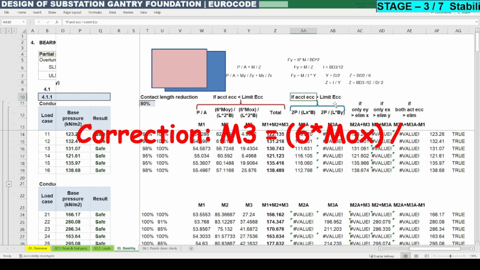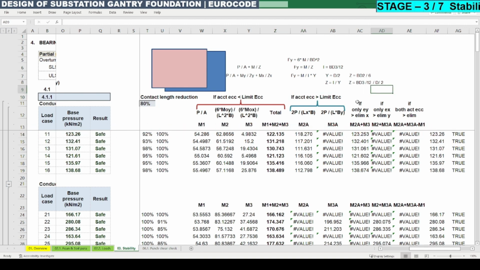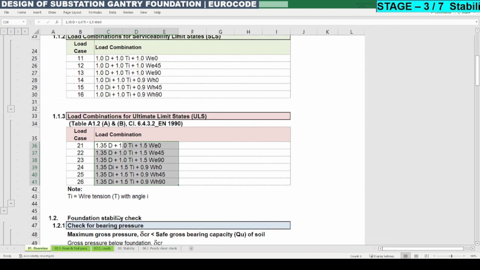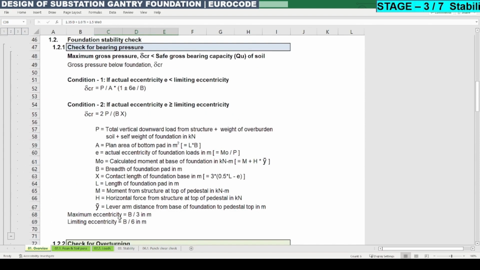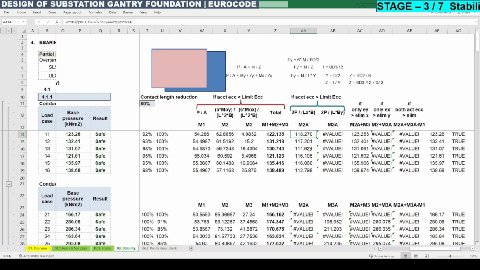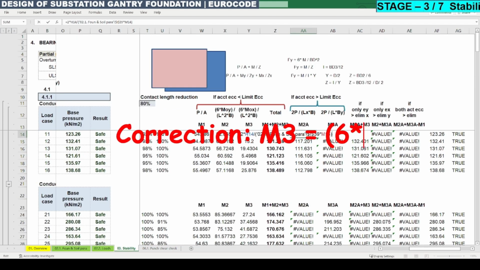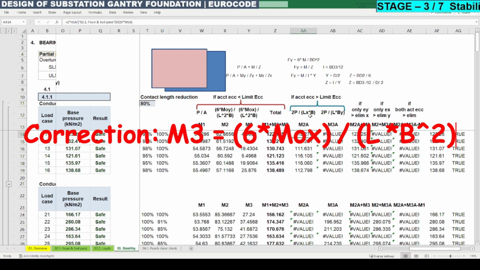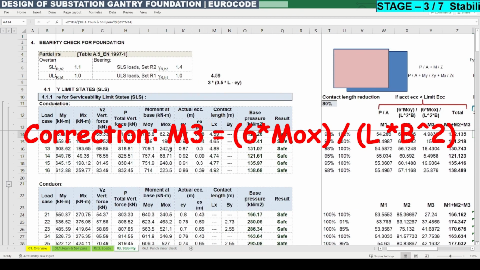If the actual eccentricity is greater than the limiting eccentricity, this is a formula we already saw in our overview, that is the first stage about explaining the bearing pressure. We need to calculate this 2P into Lx. We know Lx is nothing but the contact length we already calculated here.